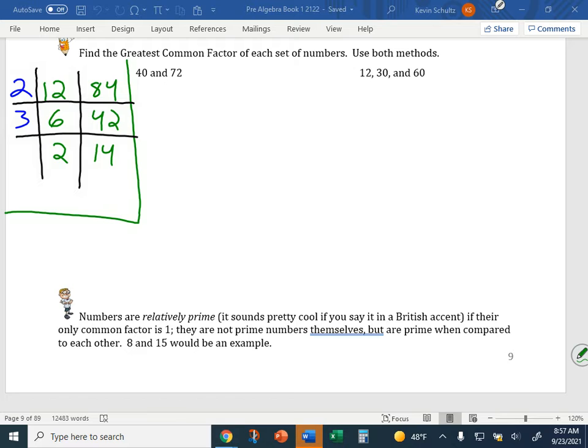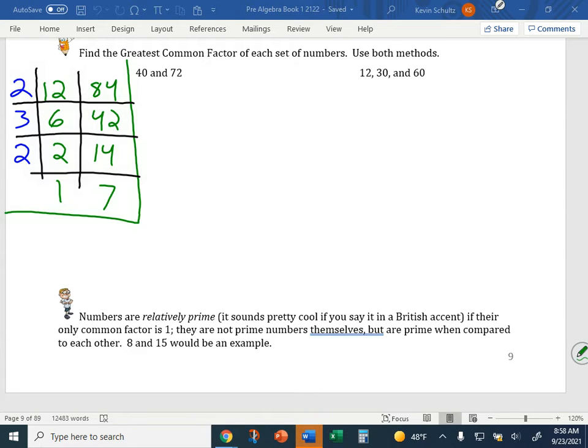Okay? 42 divided by 3 is 14. Is there any other number that I can divide both 2 and 14 by? Liam? 2 again. So I'm going to put a 2 out here. I'm going to put my next little row here. 2 divided by 2 is 1. 14 divided by 2 is 7. Okay?